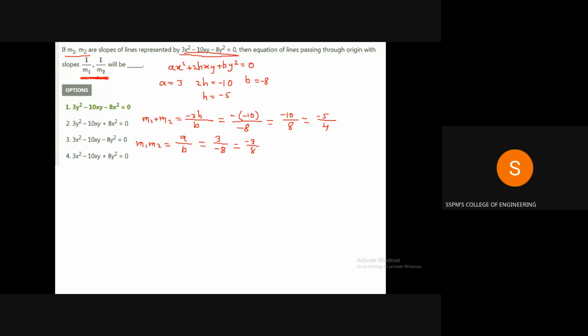So what are the slopes of the required lines? They are 1 upon m1 and 1 upon m2. So let's write them as capital M1, which is equal to 1 upon m1.